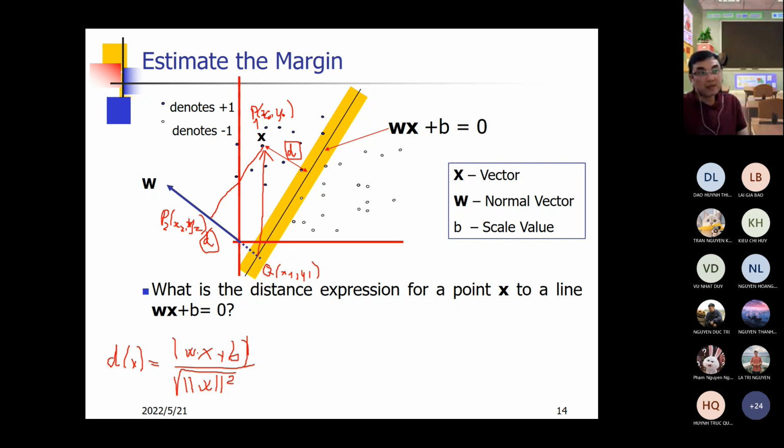In our machine, what we are trying to do is calculate the distance from the closest data point to the hyperplane. For example, we can have another point x prime, and we apply the same thing to calculate the distance from x prime to the hyperplane.